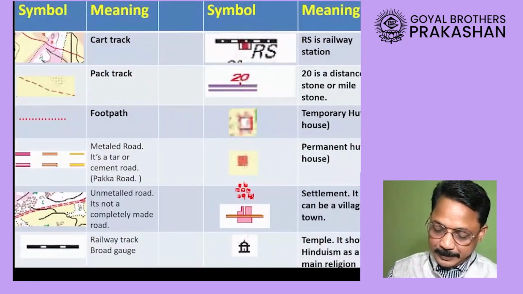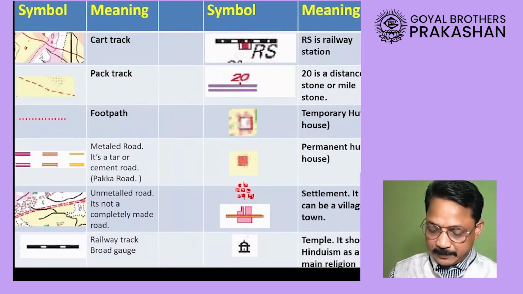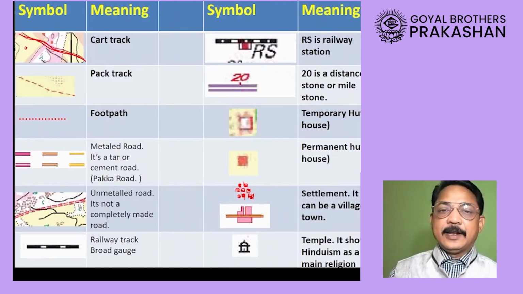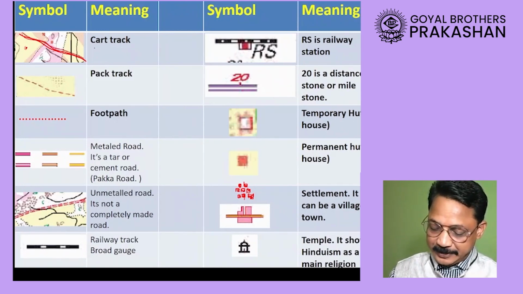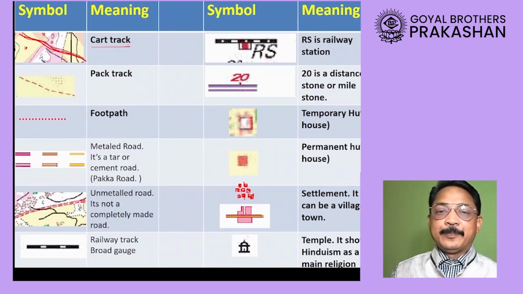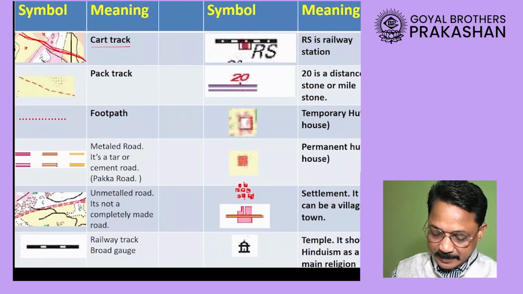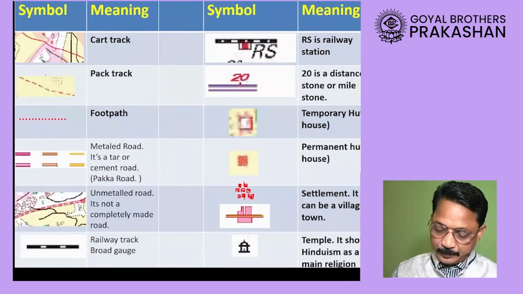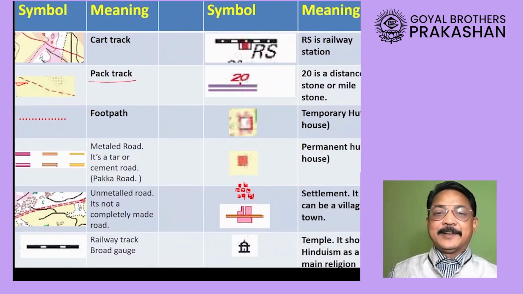Now please look here, dear student, you will find here yellow color, and you will find a red color line going in a topography map. What does this red color line stand for? It means it is a cart track. Now in a topography map, if you find a broken red line like this, as you are seeing here in a symbolic form, it stands for pack track.